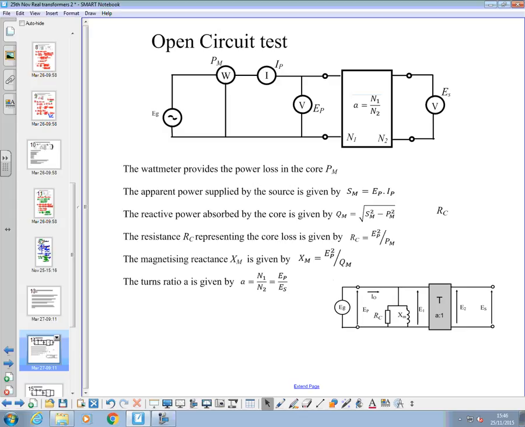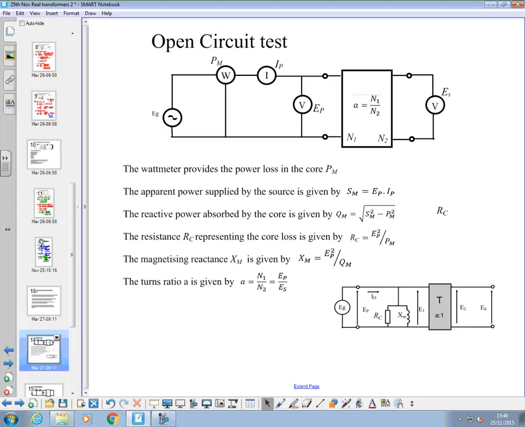So when we do the open circuit test, the wattmeter provides us with the power loss in the core. So it provides us with the watts lost due to heating in the core.